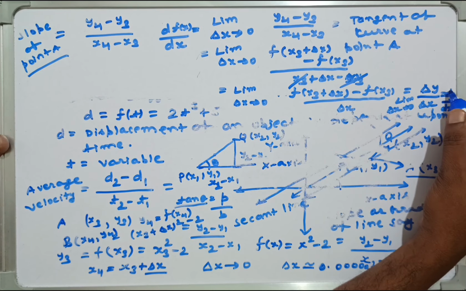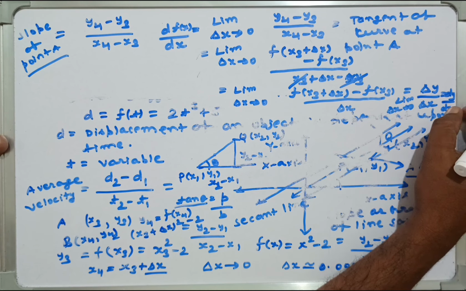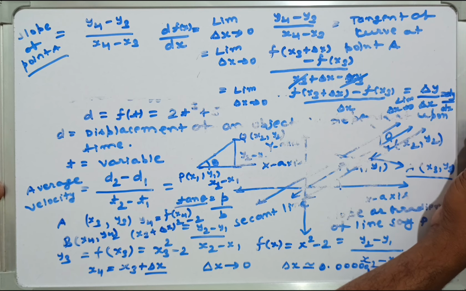So what you see is, when the difference between the y coordinates is very small and is divided by the small variation of the horizontal distance between these two points, which is very small, then it will give you the tangent of the curve at a particular point.